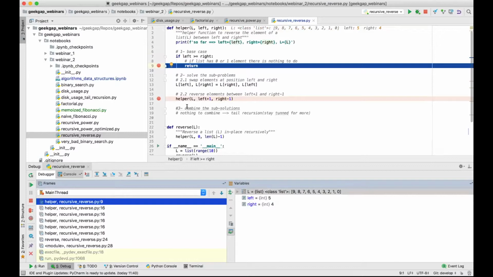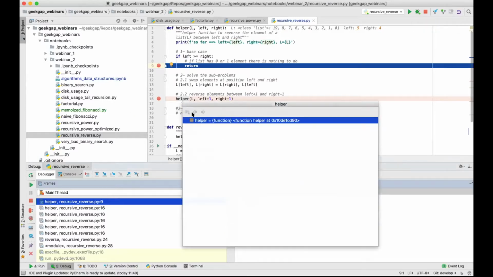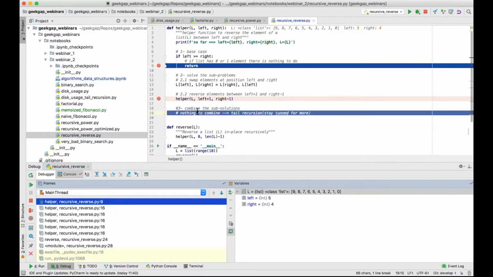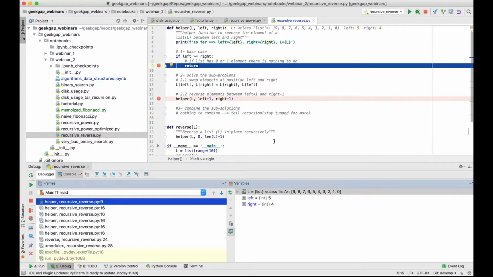We can now just move on and move on and move on. And you can see, unlike the other problems, and actually this is important, for example, if you think about the factorial case or the power case, in order to solve the bigger problem, you needed to combine the sub-problem solution. But here we have something particular in that when we are at the very end like this, the problem is already solved.